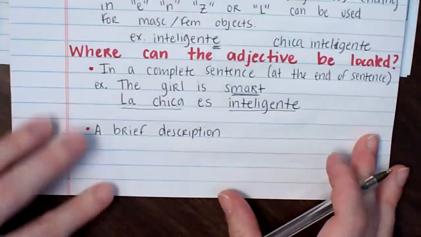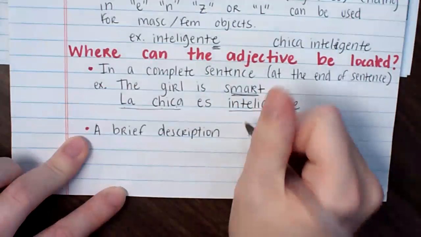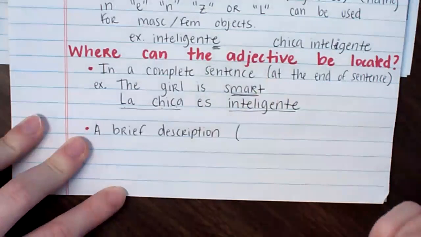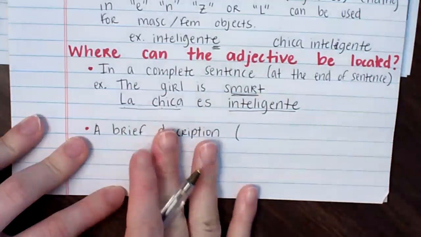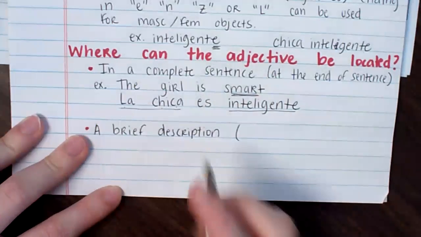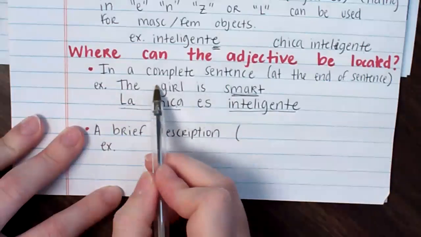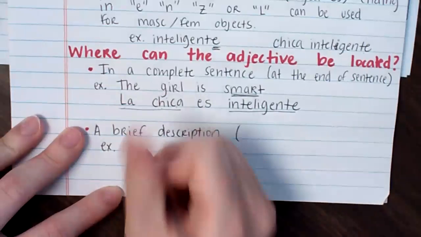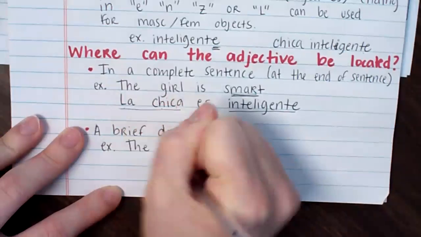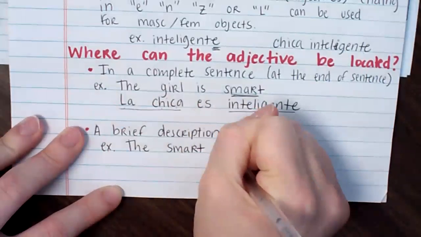Okay, and then our second way is a brief description. So in English, we do the reverse of the Spanish. So just pay attention to what I'm writing. An example of a brief description in English using the same concept, instead of saying the girl is smart, I'd just say the smart girl.